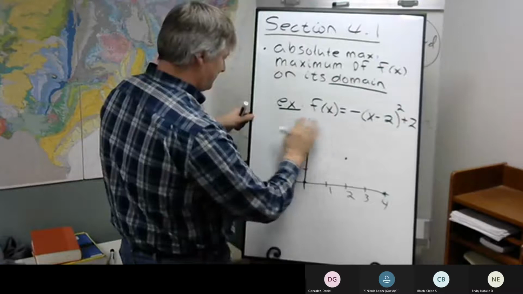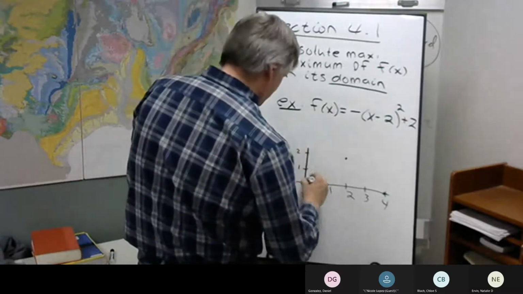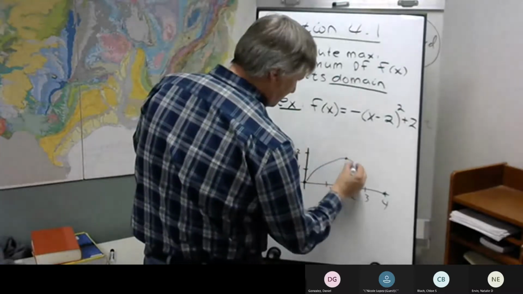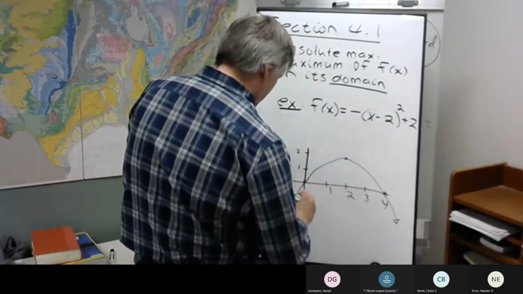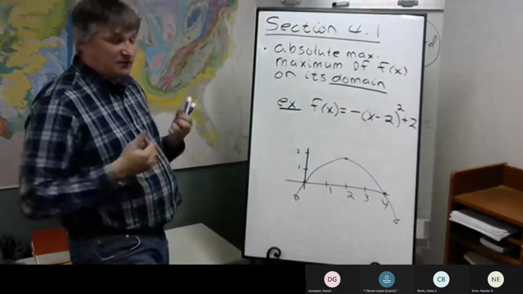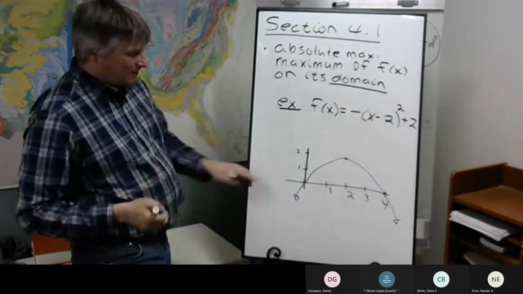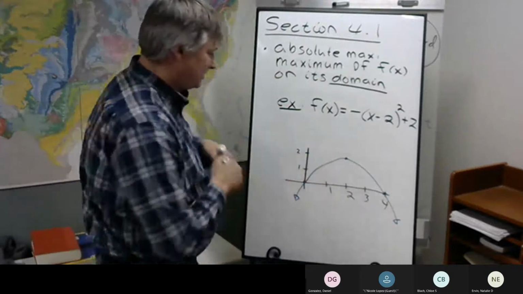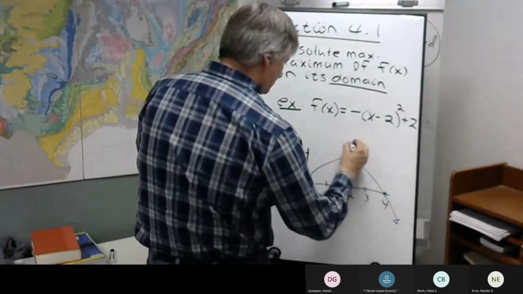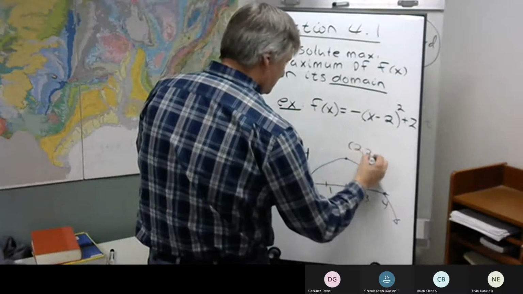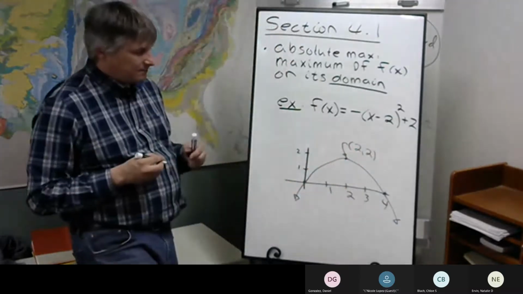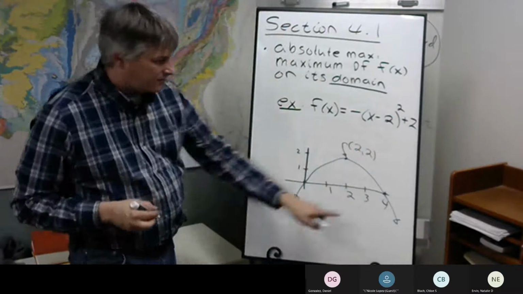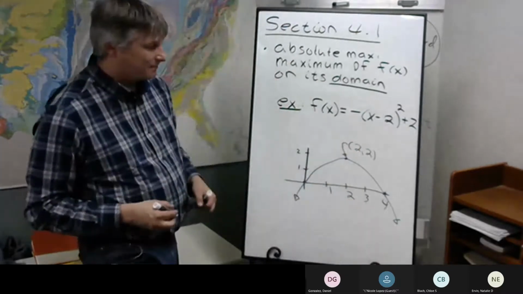We have this flipped over parabola. This is the highest point, (2, 2), on this graph. And then it goes on and on forever down like that.